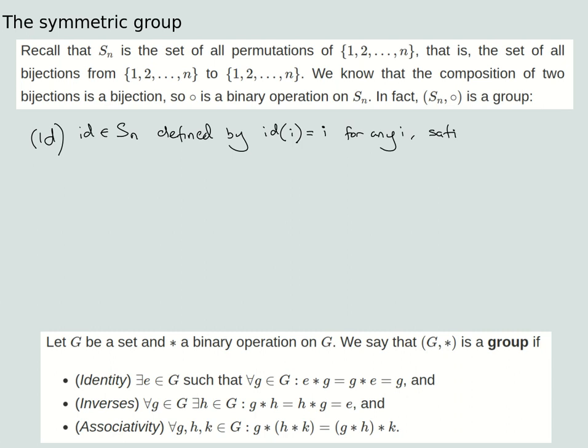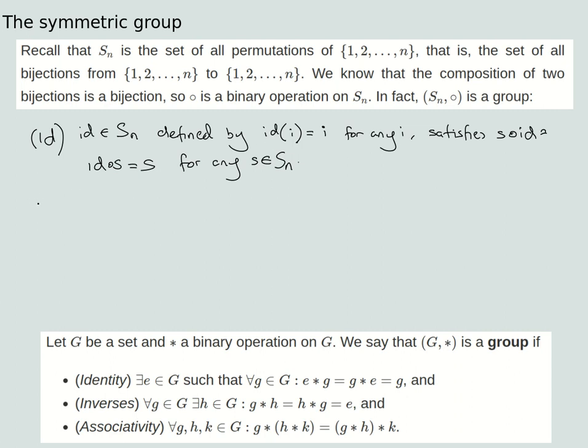This thing satisfies S composed with the identity equals the identity composed with S equals S, for any S in S_n, any permutation S. Therefore, the identity axiom holds, and the identity element is the identity permutation, this thing we've called ID.